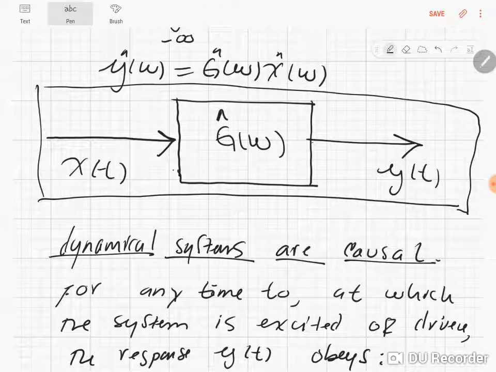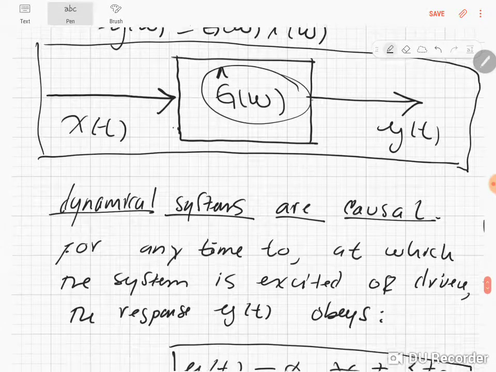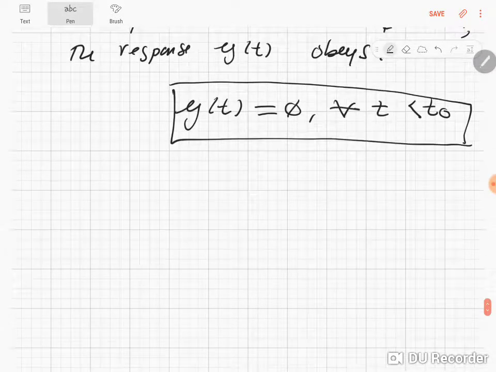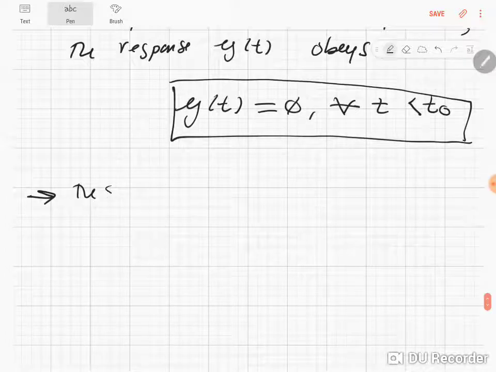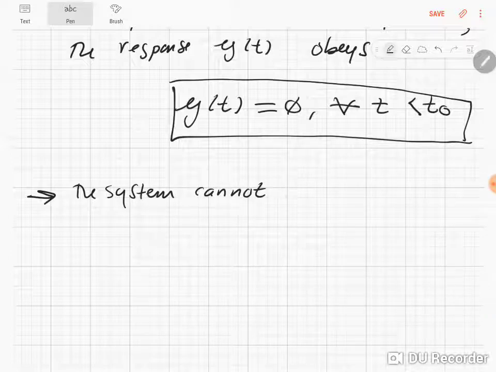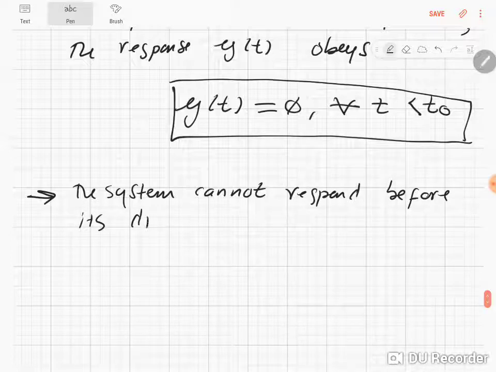So when we construct the Green's function for that system, g of omega, we have to make sure that the Green's function corresponds to a causal dynamics, which in other words means that the system cannot respond before its drive or excitation is applied.